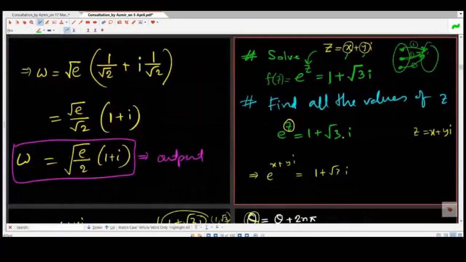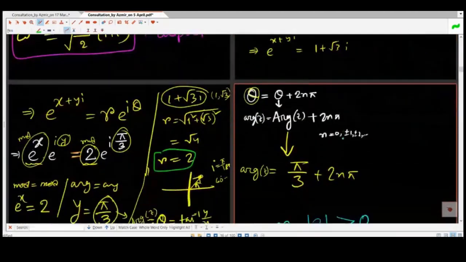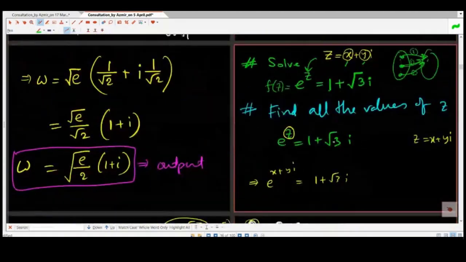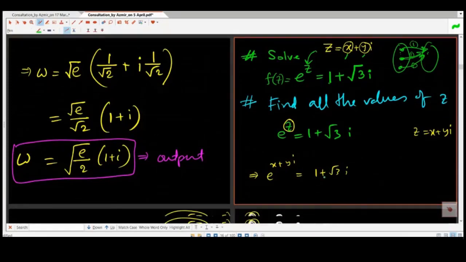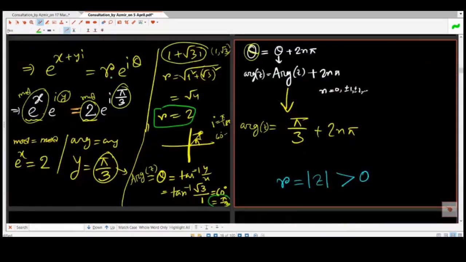So let's have a look at the process again. At first, we have plugged x plus yi in the left side, and the right side complex number has been converted to the modulus and e to the i theta, that is r e to the i theta. So it has been converted to the polar form. Then we have two complex numbers in left side and right side. These two complex numbers are equal.